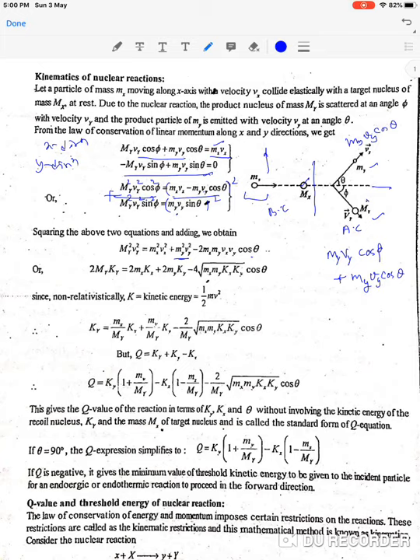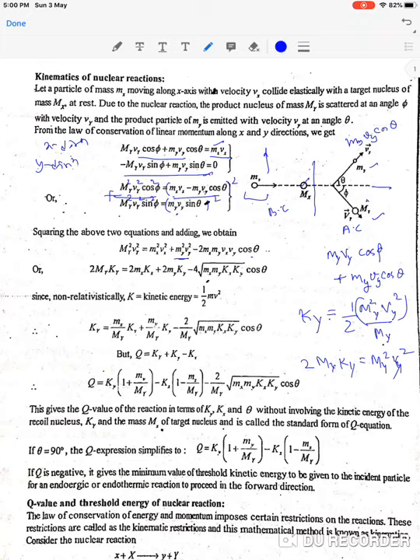Now if I convert this into kinetic energy, the kinetic energy of the daughter nucleus, K capital Y, is half M capital Y V capital Y squared. So the quantity M_Y squared V_Y squared, dividing by 2, equals 2 M_Y K_Y.